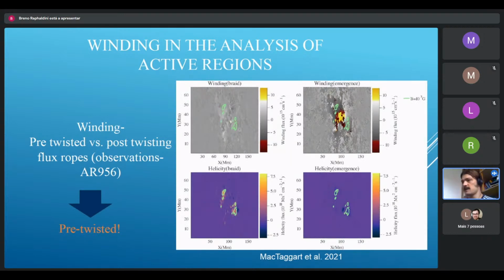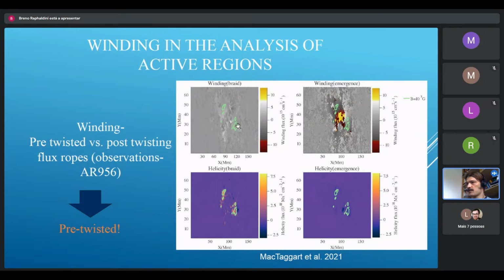And here we see how the distribution of the magnetic winding is in this particular active region. So here we have in green the foot points, the points of intense vertical magnetic fields.